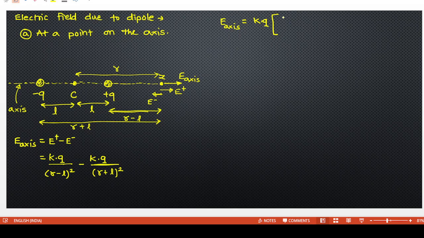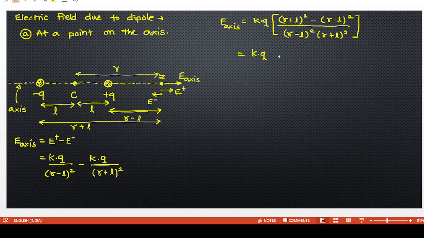Do the cross multiplication: (r plus L) square minus (r minus L) square, divided by the multiplication of (r minus L) square into (r plus L) square.